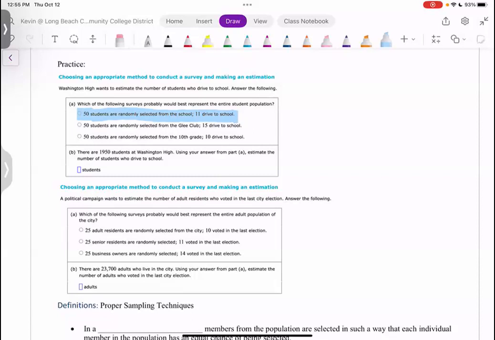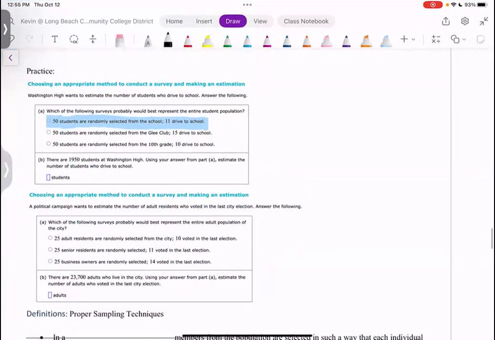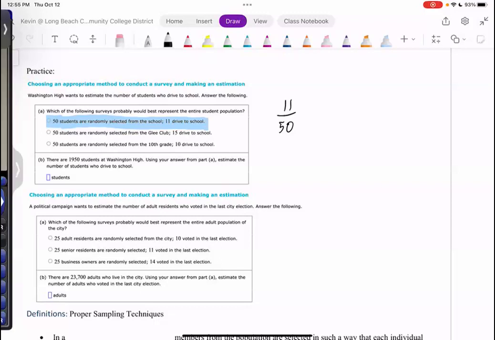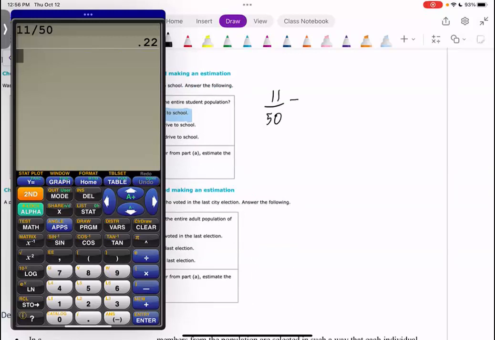So we are going to set up. This is going to be 11 is to 50. So that's the percent. We divide that out. That's going to give us 22%.